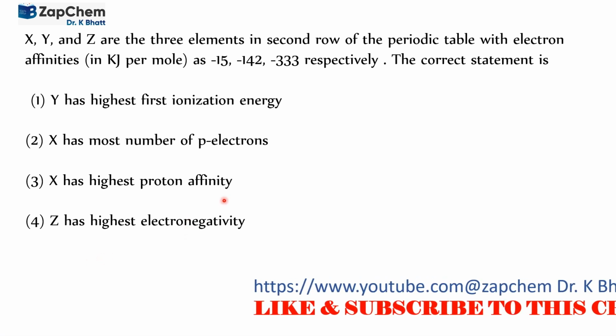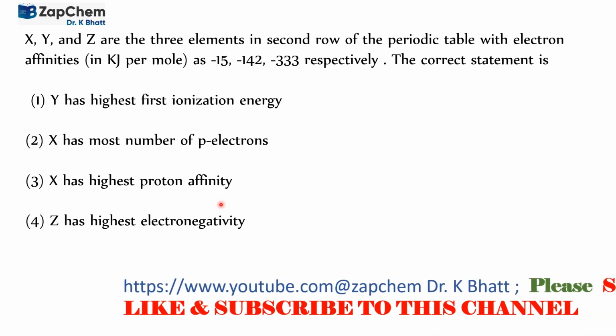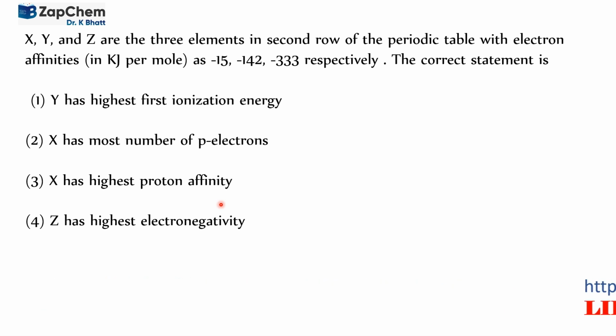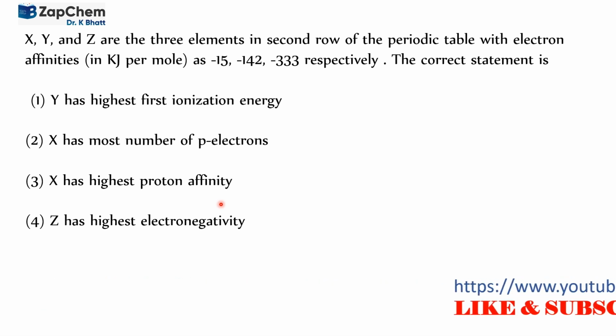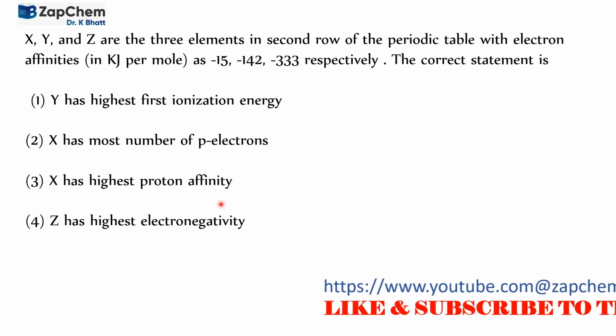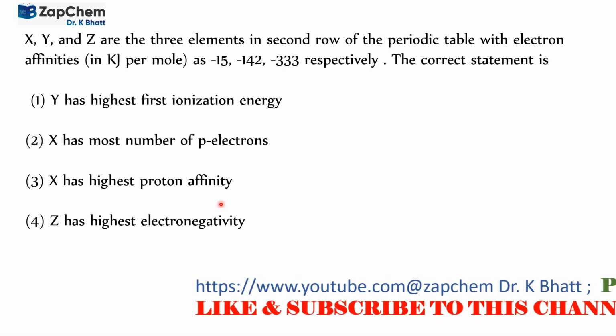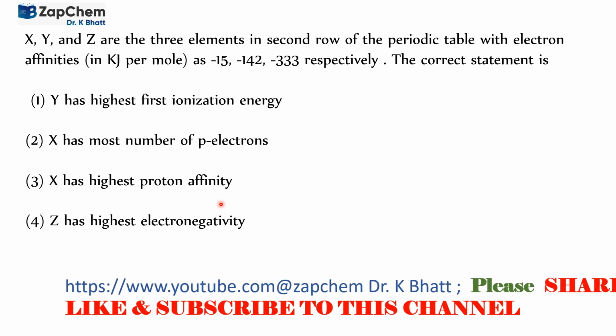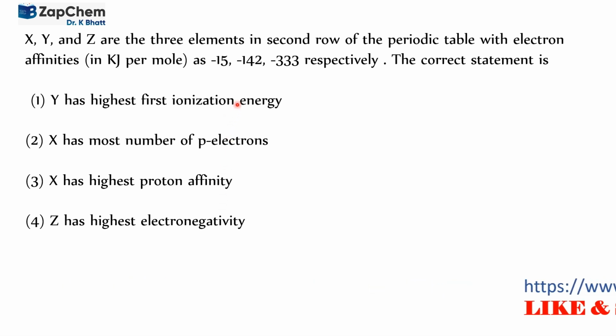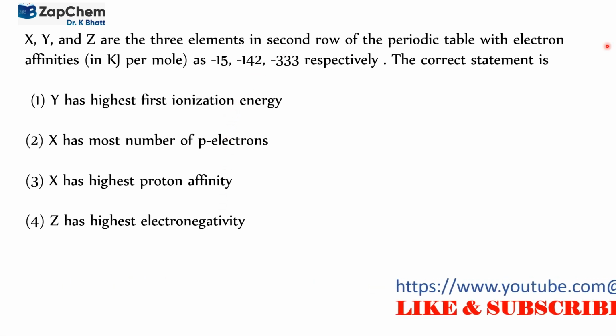Naturally, we need to know, as we have just now said, that both of them tend to increase as we move from one element to the other element in a particular row. And here it is related to the second row of the periodic table.